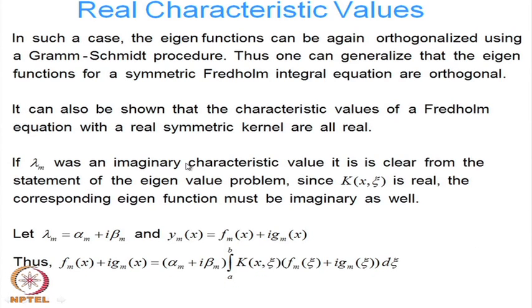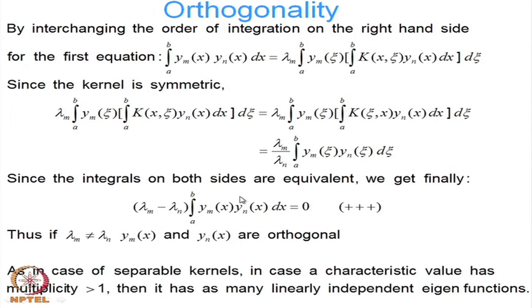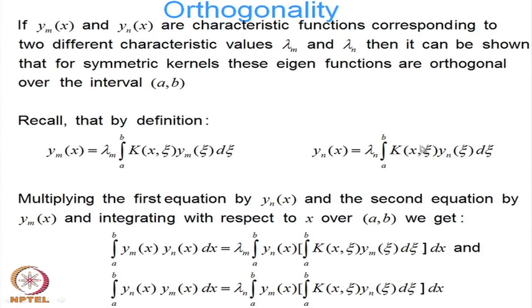If lambda n has an imaginary characteristic value, it is clear from the statement of the eigenproblem, since k of x i is real, that the corresponding eigenfunction must be imaginary as well, because the right hand side is imaginary. Is that clear?